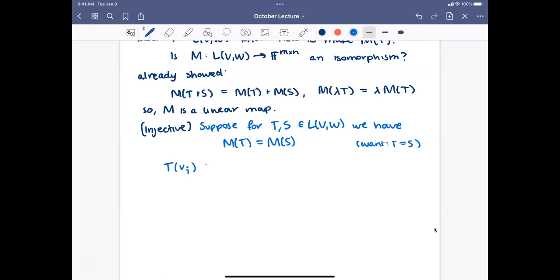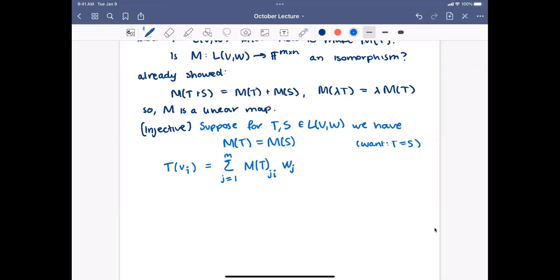So T of v sub i is the ith column of M of T, so this is the sum as j goes from 1 to m, which is the dimension of W, of M of T sub j,i times w sub j. Recall what this matrix consists of: the columns tell you what T of v_i is.